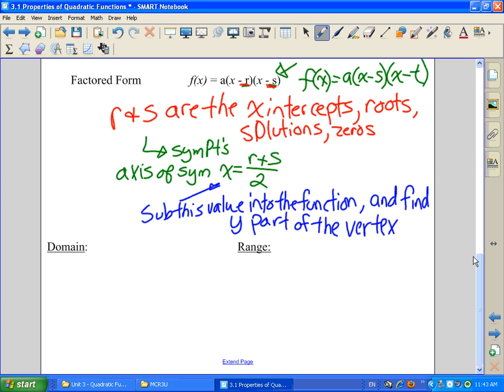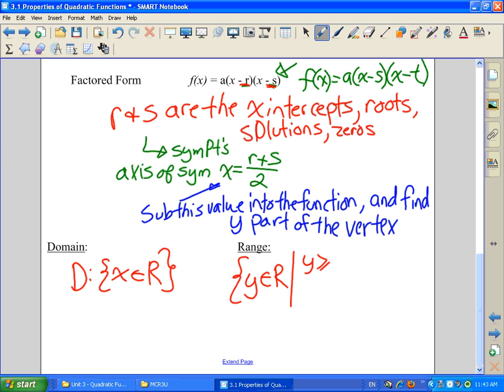Okay, and just to simply review, when we have a domain, guys, there's no restrictions, so x belongs to the set of real numbers because it's an equation or a function, whereas for range, we have a restriction. Okay, so y belongs to the set of real numbers such that, and it depends if you have a minimum or a maximum here.